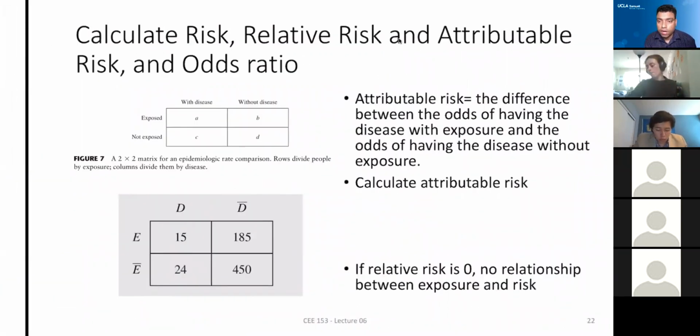If you go to another one, attributable risk, the math is a little different. It's the difference between the odds of having the disease with exposure and the odds of having the disease without exposure.